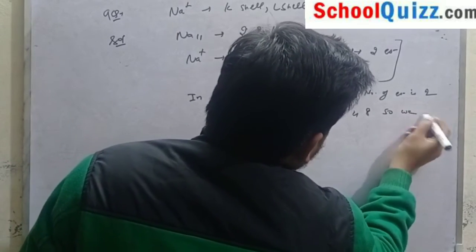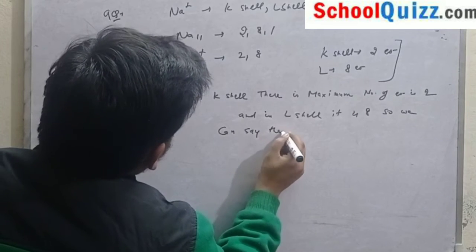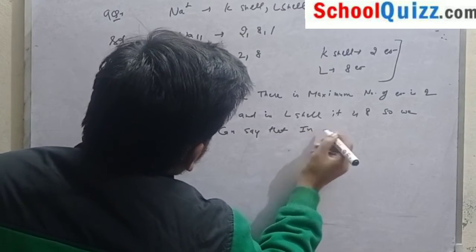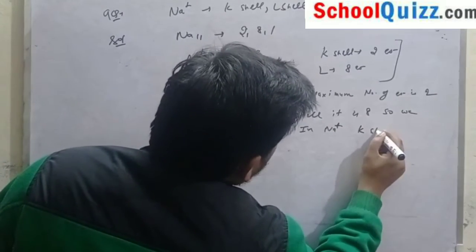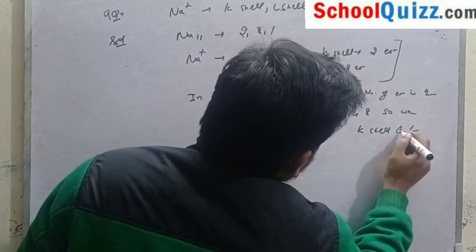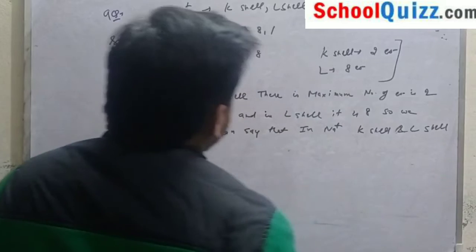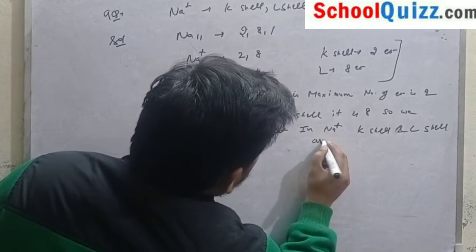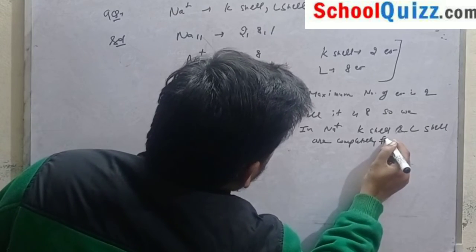So we can say that in Na plus ion, K shell and L shell are completely filled.